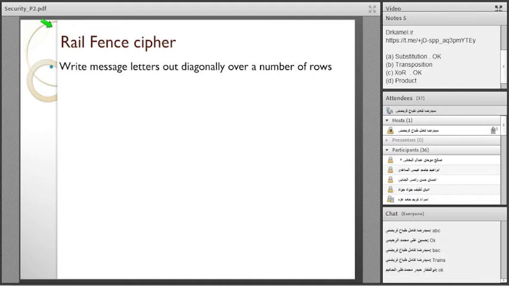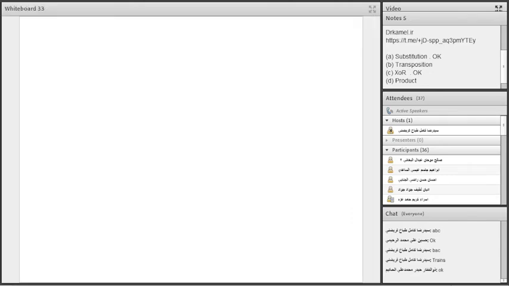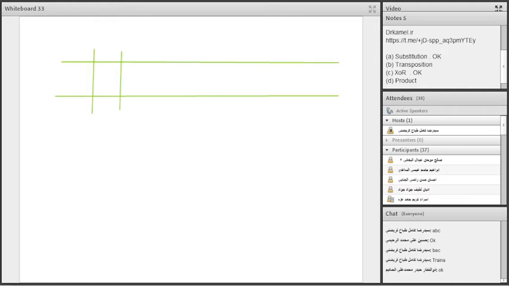In this method we use a fence or a rail, which is similar to a fence, like this.